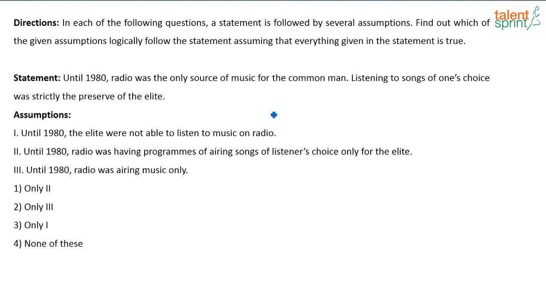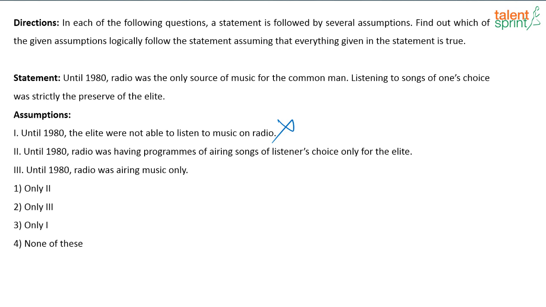Nothing like this is given in the statement, so that is wrong. Next, until 1980, radio was having programs of airing songs of listeners' choice only for the elite. See, in the statement it is said that only the elite had the ability to listen to the songs that they wanted to.